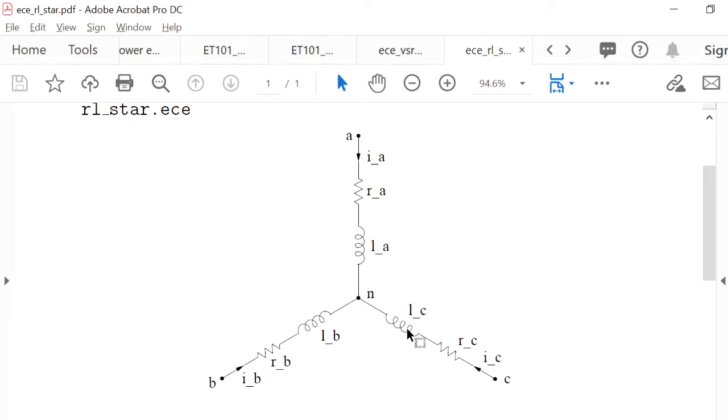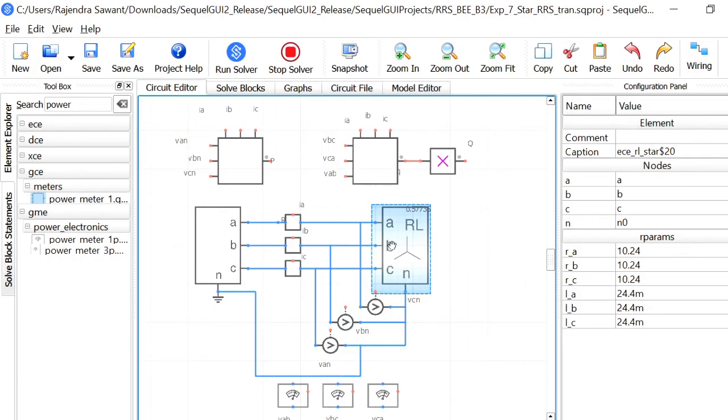Therefore, R_A we found, L_A we found. We have to just substitute the values over here. So we have substituted the values for a 10 kilowatt 0.8 power factor load as 10.24 as the resistor values and 24.4 millihenry as the inductor values.